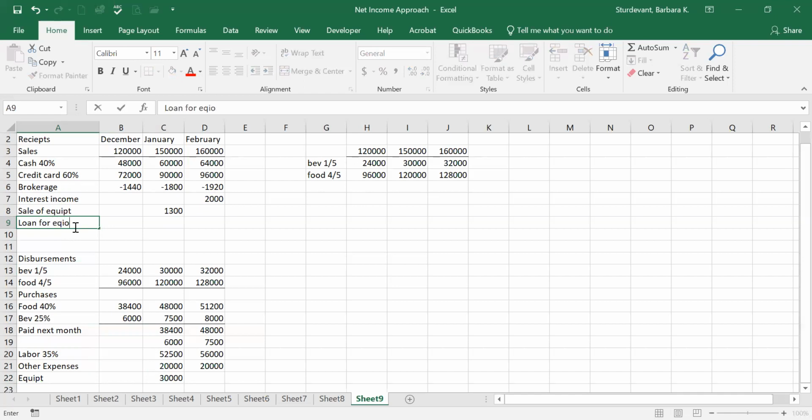You're going to get the same ending answer, but you're presenting a not correct view of the company. Because they actually purchased $30,000 worth of equipment and they now have a loan. And that's it.